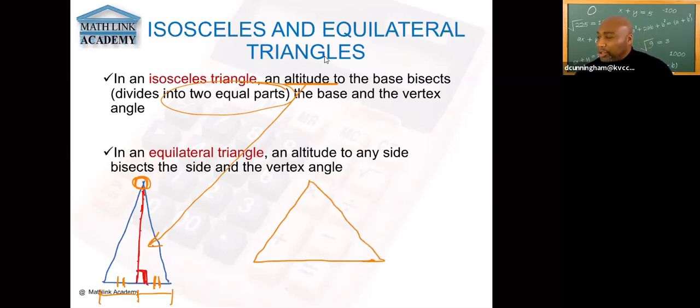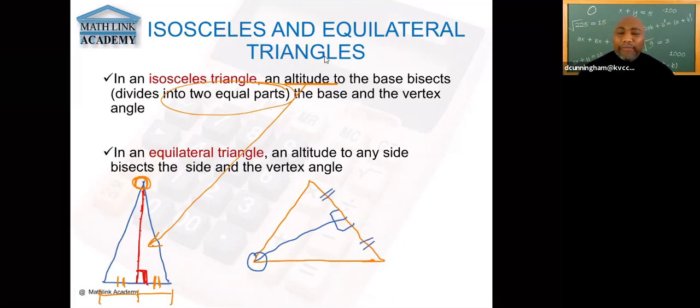So let's say that's an equilateral triangle. What it's saying is you can pick any vertex. Let's pick this vertex, and you go perpendicular and hit the opposite side, and it divides that side into two equal parts.